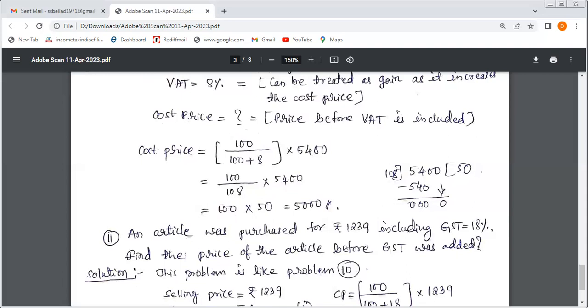So this 50 is multiplied with this 100, which gives 5,000. So 5,000 is the cost price of that article sold.